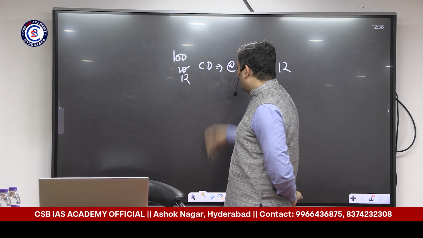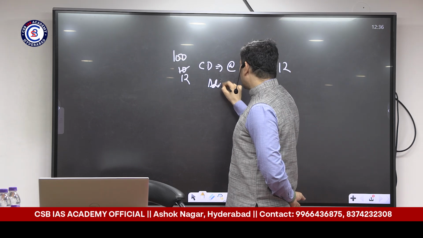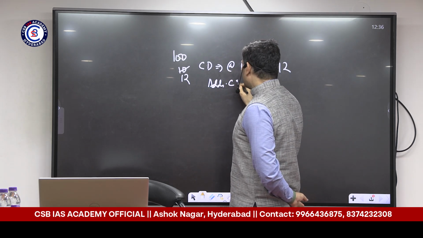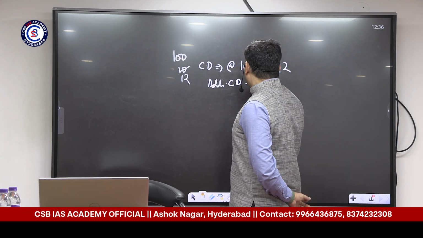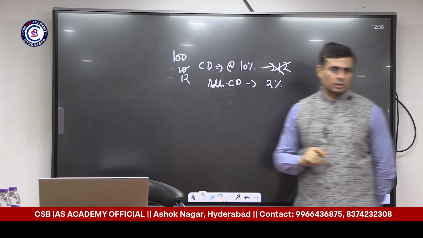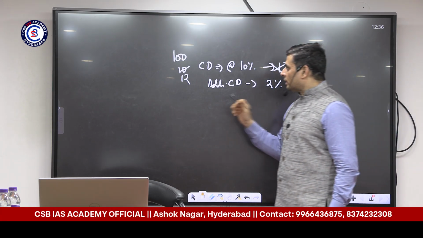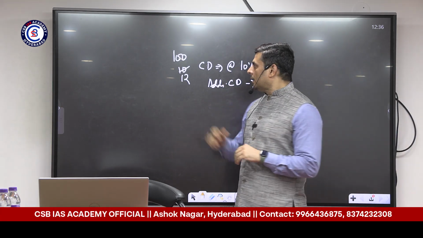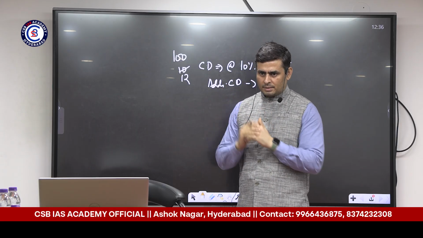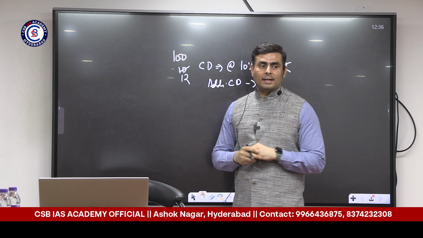Now I have said that there is an additional custom duty, suppose, of 2%. Additional custom duty of how much? 2%. So now this additional custom duty of 2% is a separate tax. Why is it a separate tax?